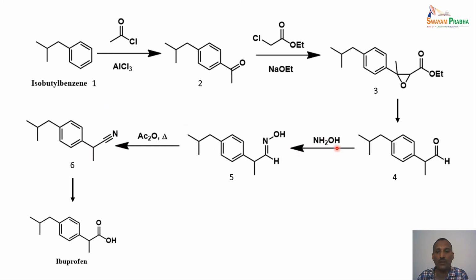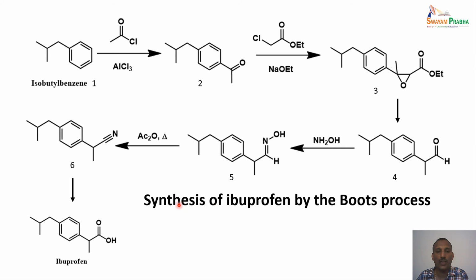This is nothing but the oxime formation. So in all these reactions, 7 compounds are involved. Starting from 1 to the final product, we have a lengthy synthesis procedure. So this is basically the Boots process, the company's synthesis of ibuprofen.